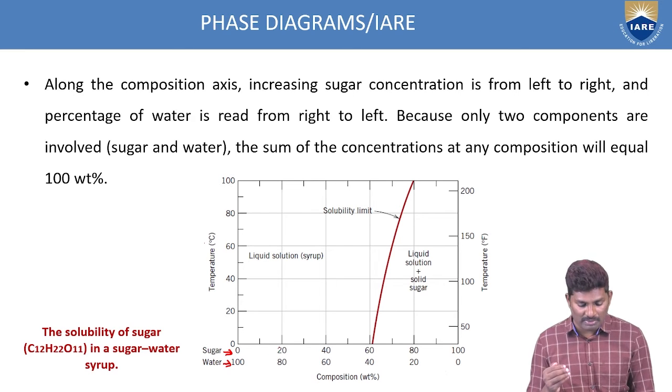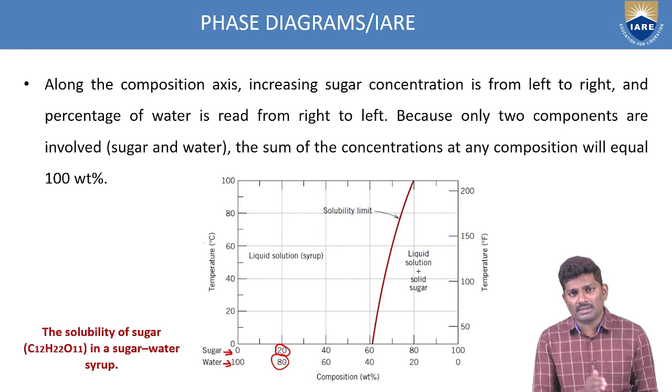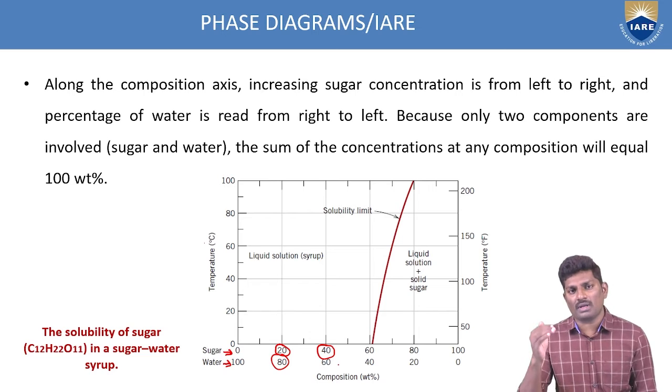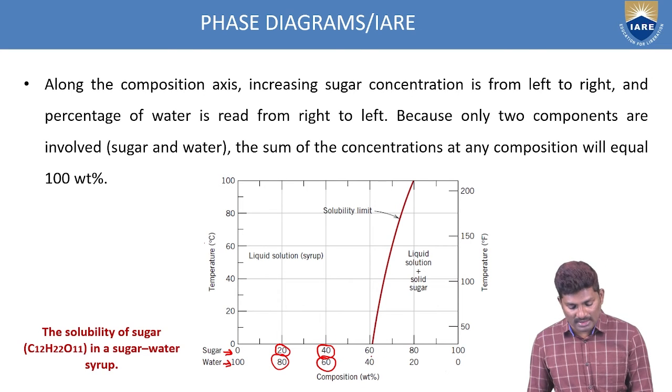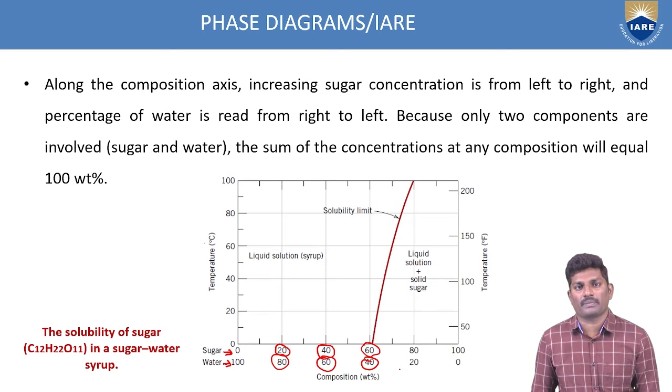Since you are adding 20 weight percentage of sugar, the water is being reduced to 80. After that, if you increase the sugar content to 40, the water is getting reduced to 60. But the total should be 100. That's why you're getting 60 here. Still, if you add sugar of 60 weight percentage, water is getting reduced to 40.